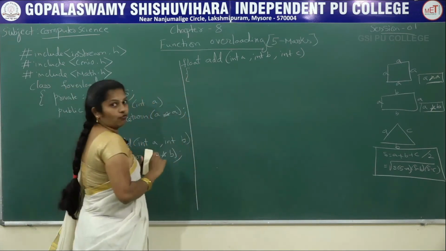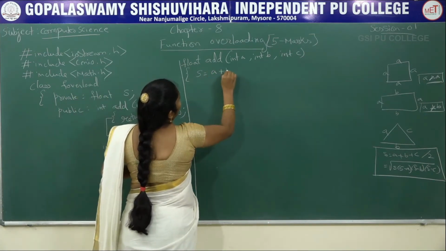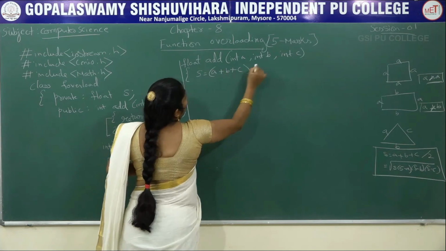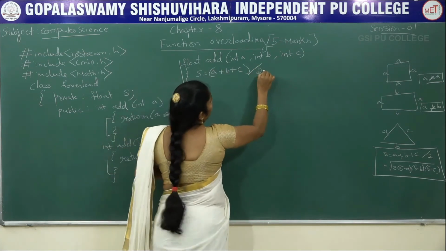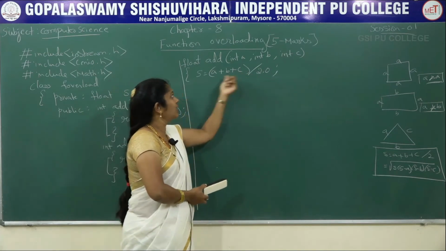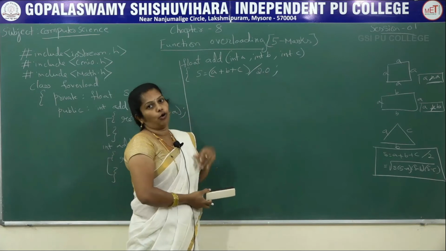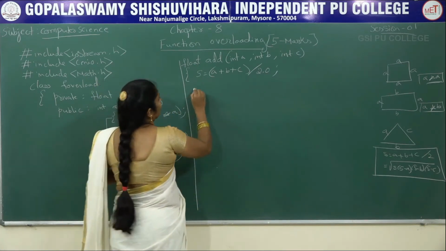In this, first we will find S value. S equals A plus B plus C, whole thing divided by 2.0. 2.0 because the result we want to generate in float format. That's why here I written 2.0. Then return the value.